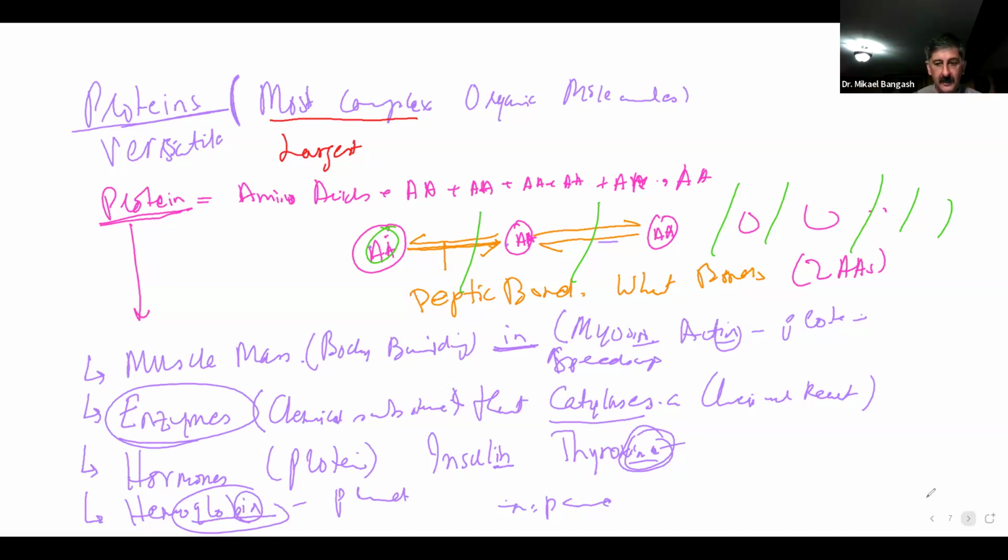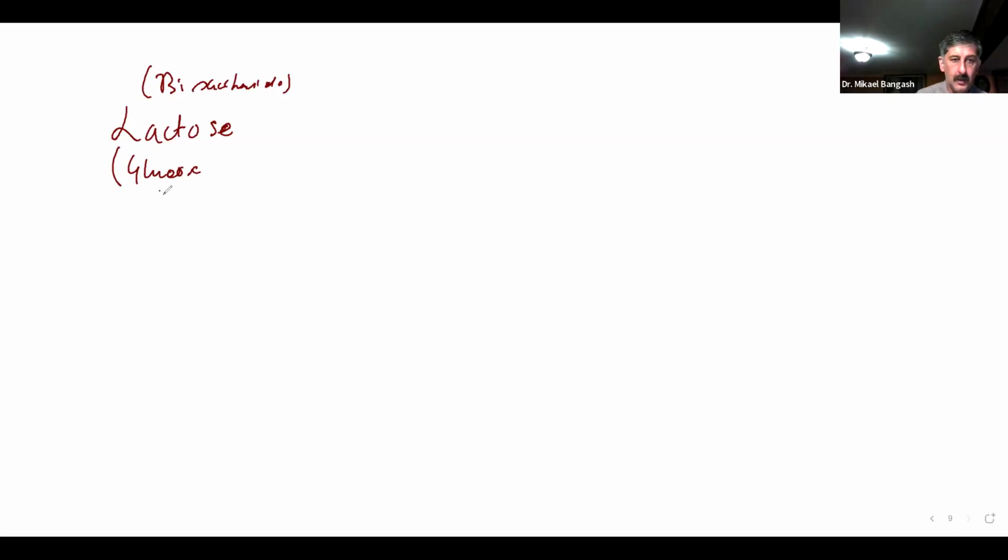And guys, just to discuss the enzyme, let me bring you back to the example of lactose, which I mainly said was a disaccharide, because chemically it is made up of glucose and galactose.